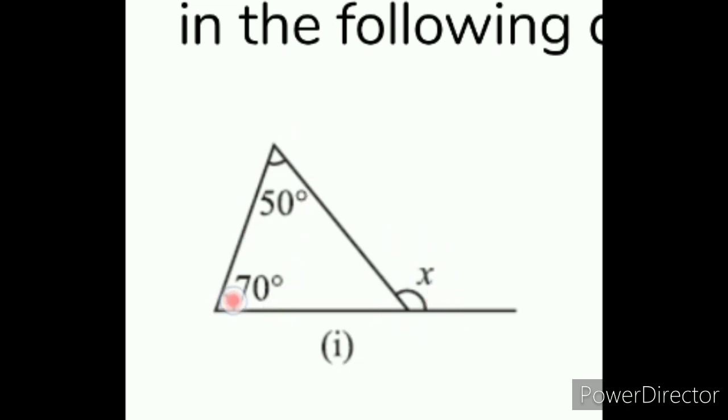If we add these two, that is the value of this x. 70 plus 50. What is the answer? 120 degrees. Yes, 120 degrees is the x value. That is the exterior angle measure.